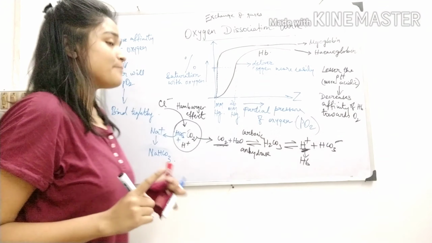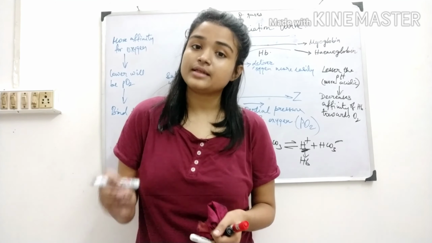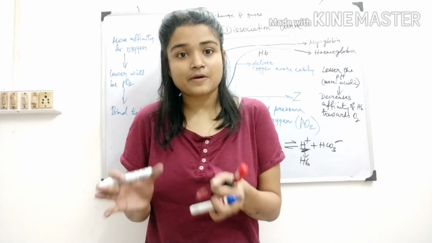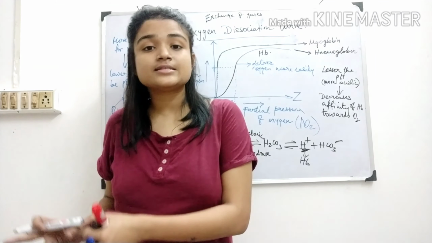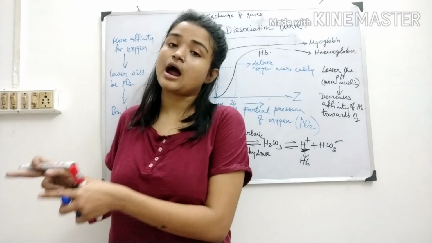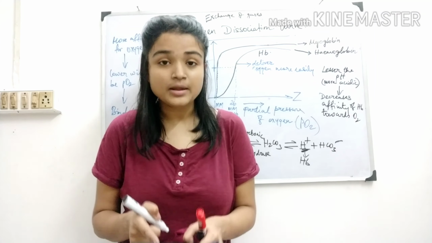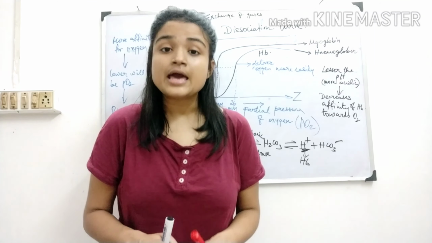So what is happening? When the cell is respiring, it is giving out carbon dioxide, which is combining with water that is present in the cell and forming carbonic acid, that splits up into hydrogen ion and bicarbonate ion. Now the hydrogen ion that is formed is lowering the pH, making the environment acidic.